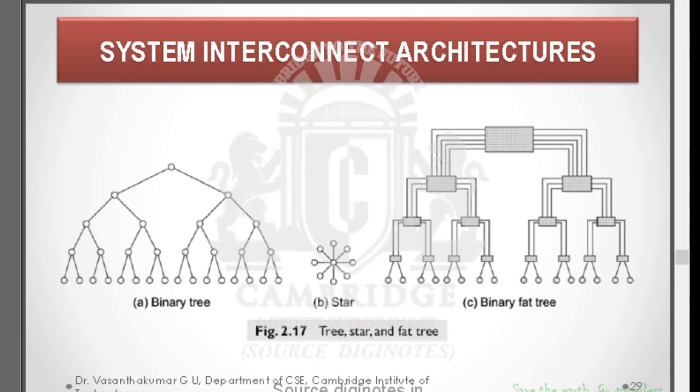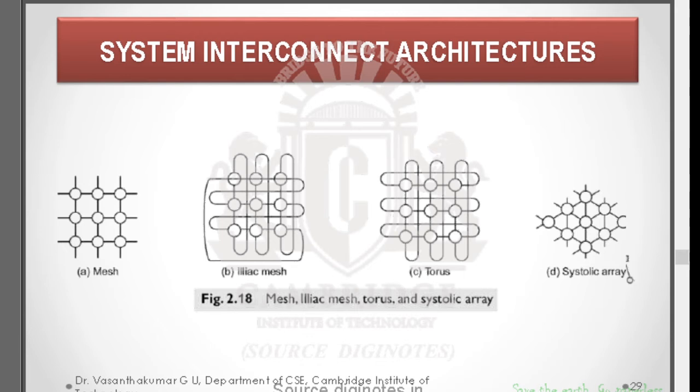This is star network and binary fat tree. Then we have mesh, Illiac mesh, torus and systolic array given by these diagrams. So these are all the different types of interconnect architectures.